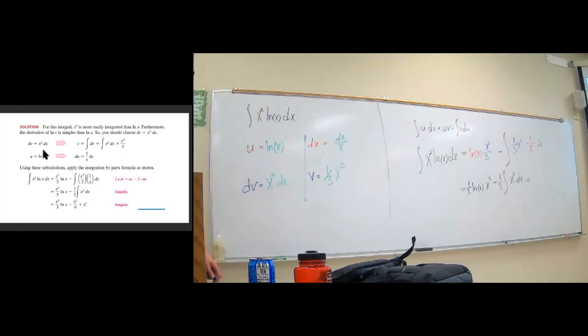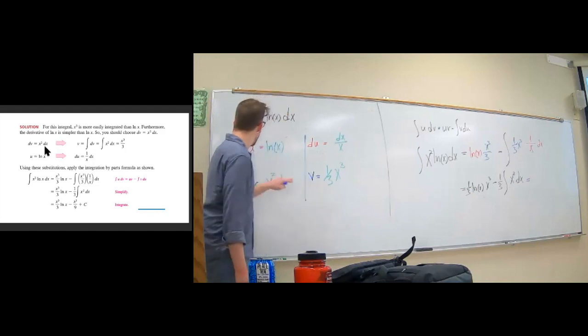Notice we start off by saying what's u and what's dv. We say u is the ln of x, dv is x squared dx. If dv is x squared dx, then v would be the integration of this thing, right? It's going to give us 1/3 x to the third.